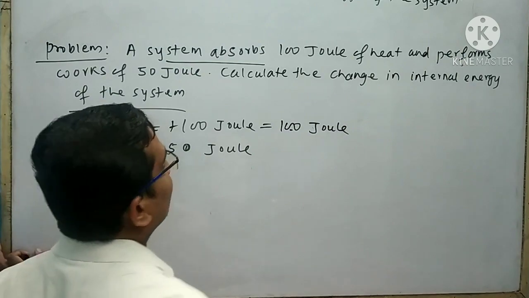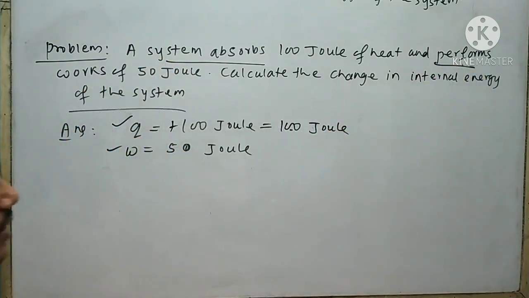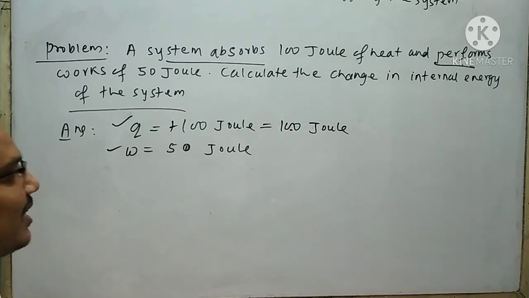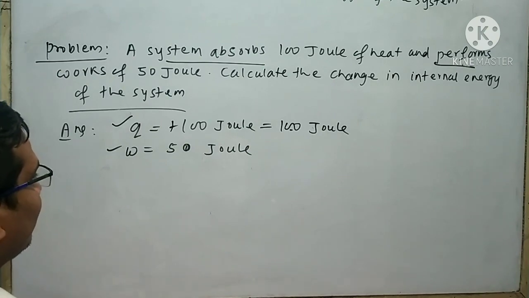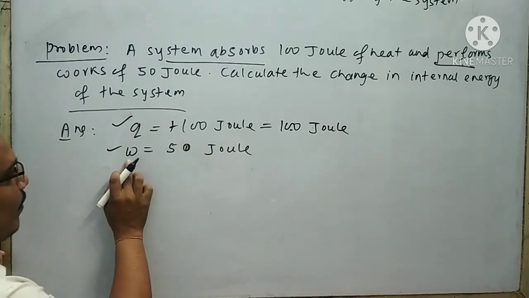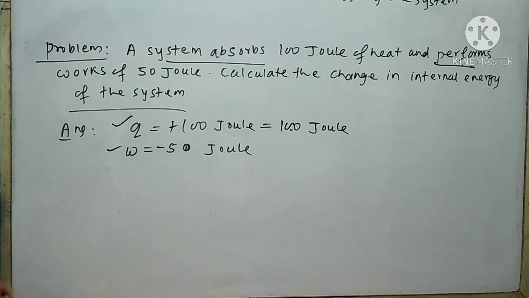Similarly, here the system performs work. That means the work is done by the system. We know that when work is done by the system, then the value of W is written with a negative sign. So here I can write W equal to minus 50 joule.